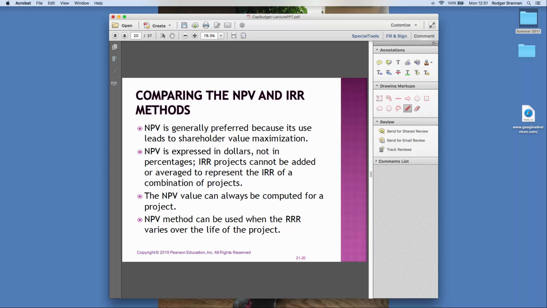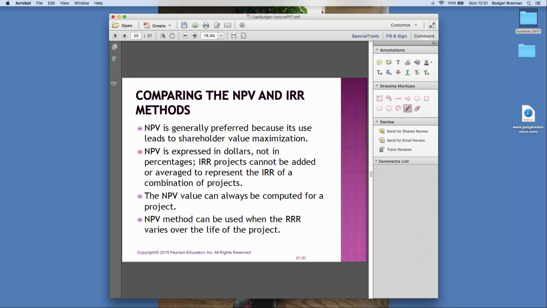Okay, the problem with comparing net present value and internal rate of return is when you have unequal lives. What I mean by that is that if I were looking at a project of 8 years and one of, say, 5 years, and say, okay, which one is better? Well, the problem is that with internal rate of return, I can't make an assumption that when you take that money and get it back from this project, you can reinvest it at the same rate.